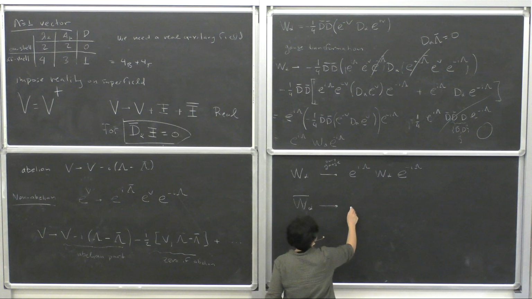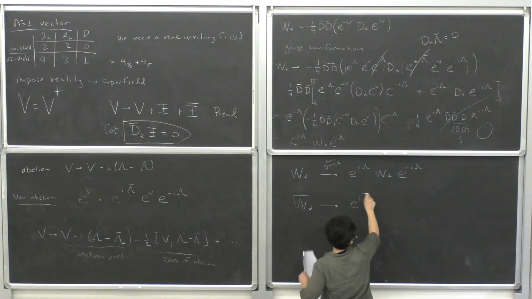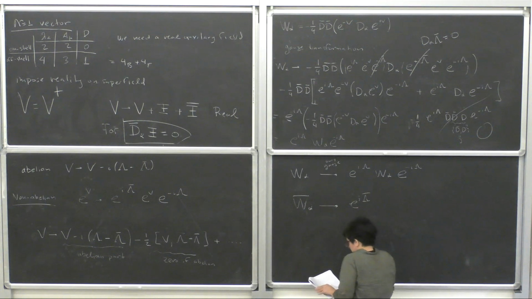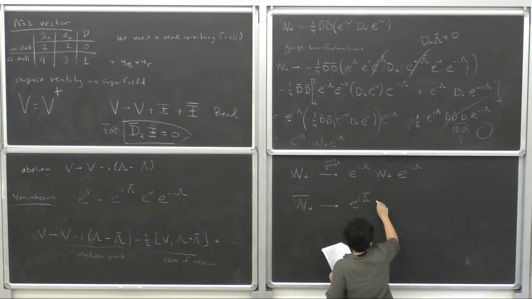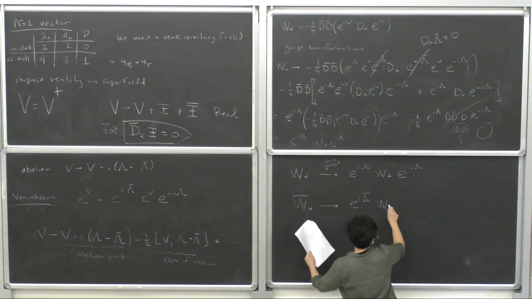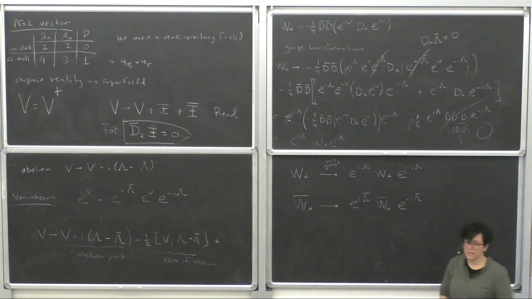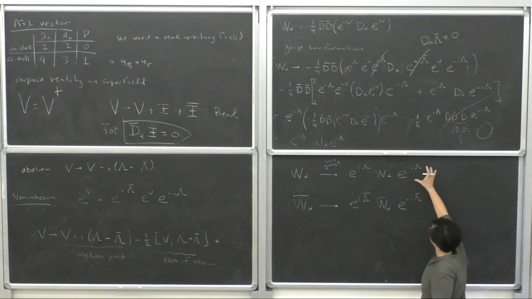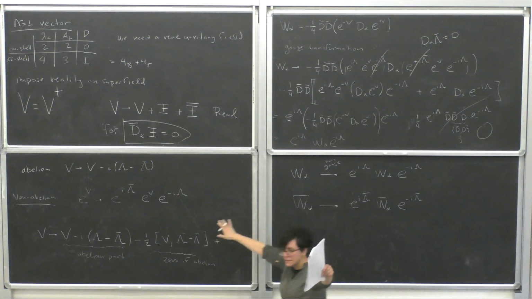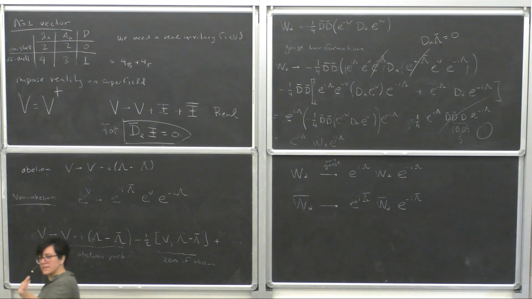I didn't write this, I will write it so that I am very nice. But it's the same thing for lambda bar, so for W bar. And note that the one is not the same as the other. They are independent. So W bar and W alpha independently transform, the one with a chiral gauge field and the other one with an antichiral.